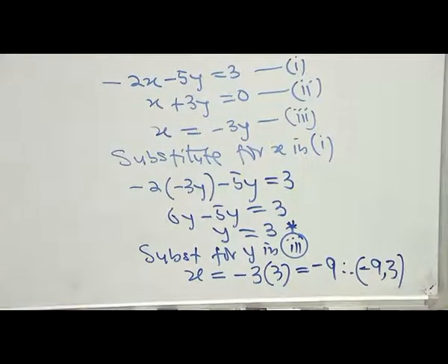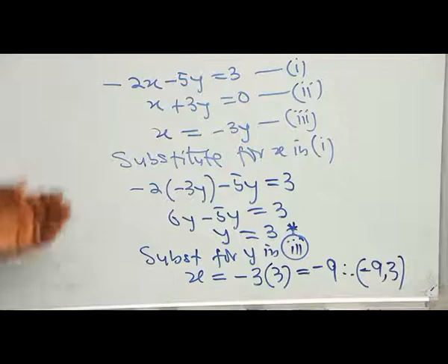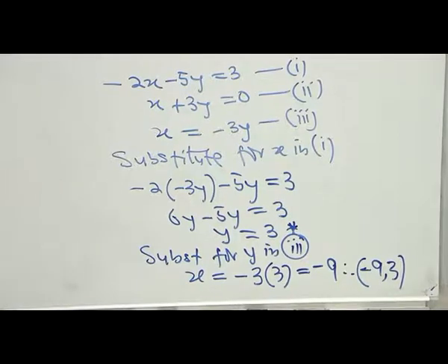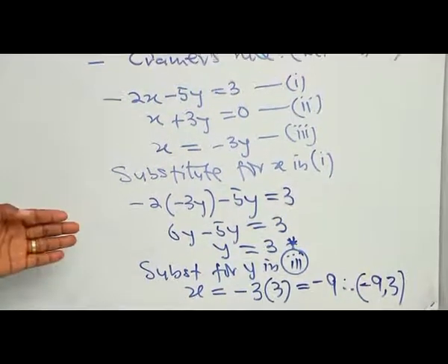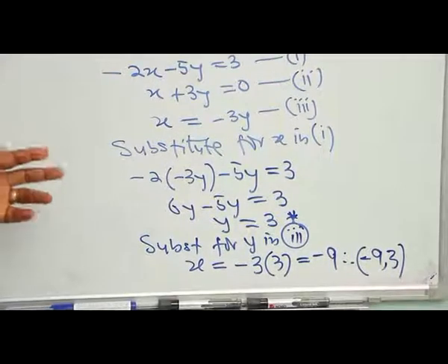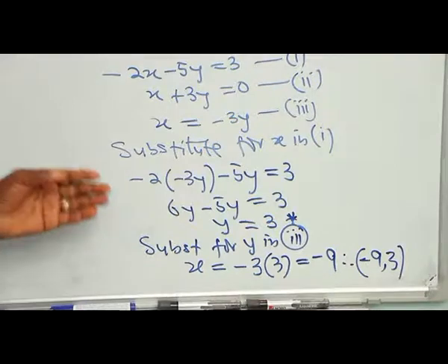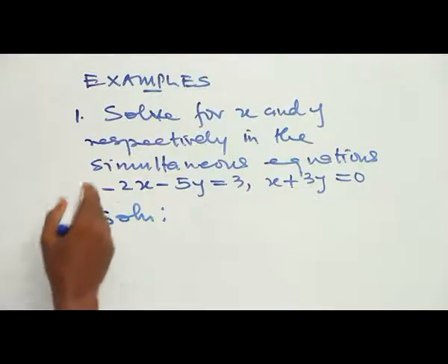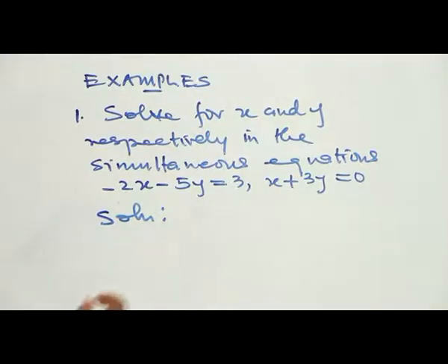We have now used a method of elimination to solve this. We can still use the method of substitution, and I'm going to also use that method for you to see how that method can also be effectively used. Now, the example 1 which we solved earlier, we used the method of substitution to solve it.